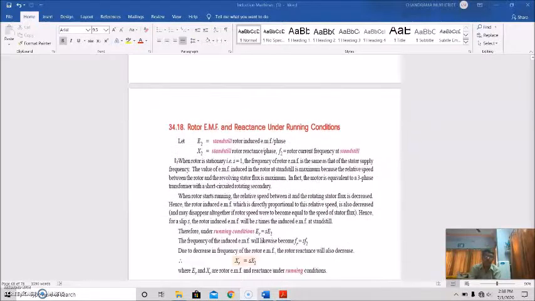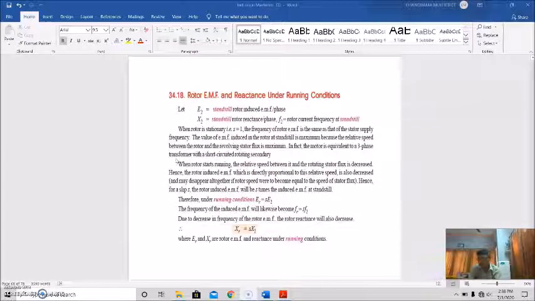Now, if we discuss the rotor EMF and rotor reactance under running conditions, we have already discussed these, and we have talked about the torque speed characteristics. Let E2 be the standstill rotor induced EMF per phase, X2 the standstill rotor reactance per phase, and f2 the rotor current frequency at standstill.